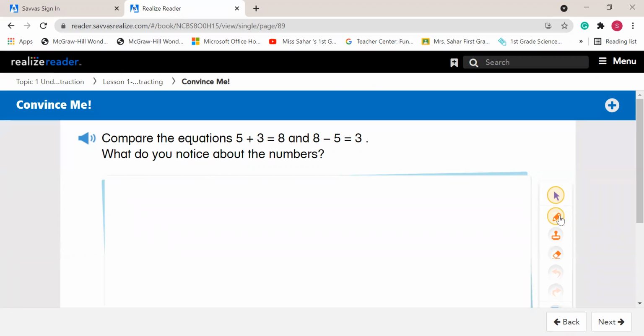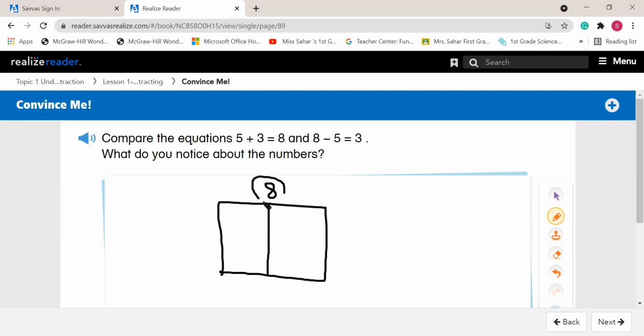For example, if I know the whole, 8, and one part I know, which is 5, so 2, 3, 4, 5. What's the missing part?